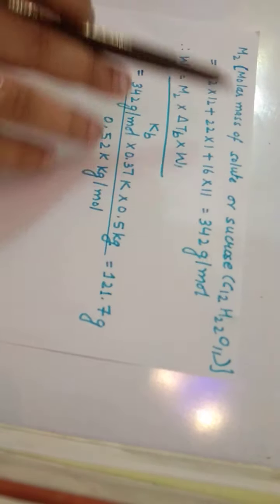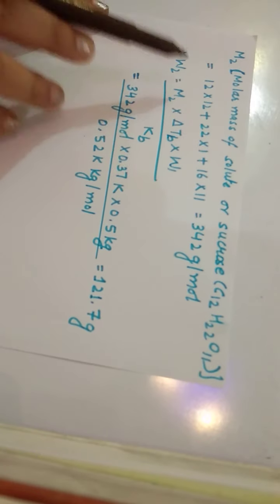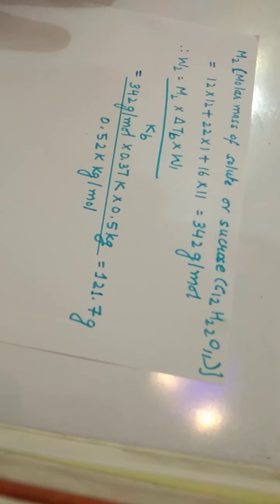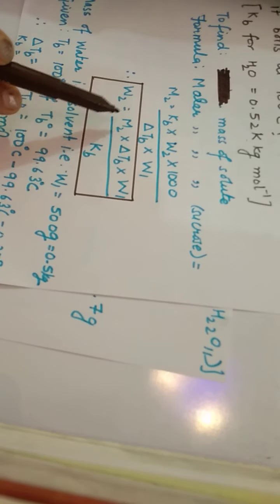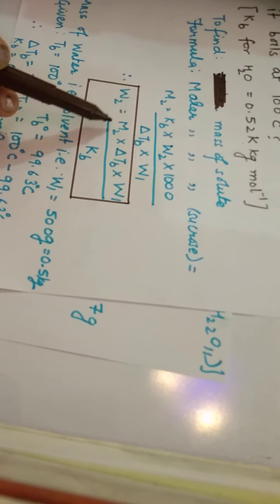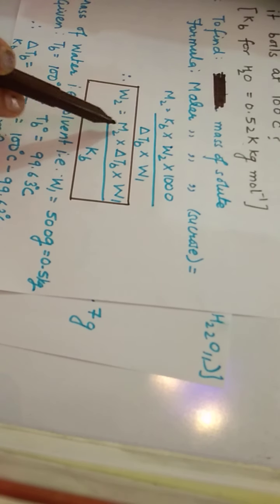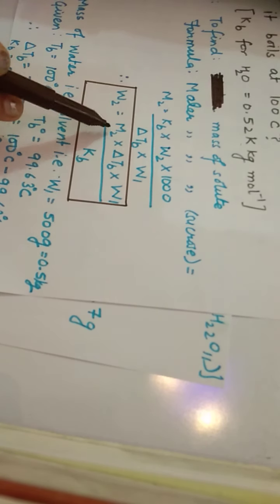So now what we'll do, we'll put the values in this equation, but before putting the values we should know the value of M2, because till now we did not get the value of M2. M2 is the molar mass of this solute, that is sucrose.